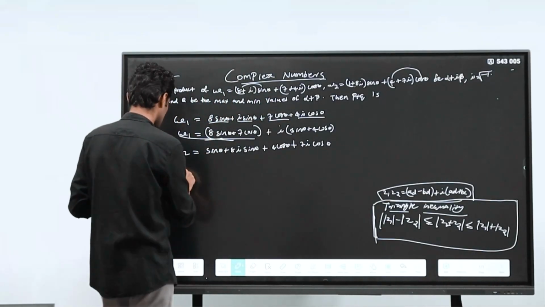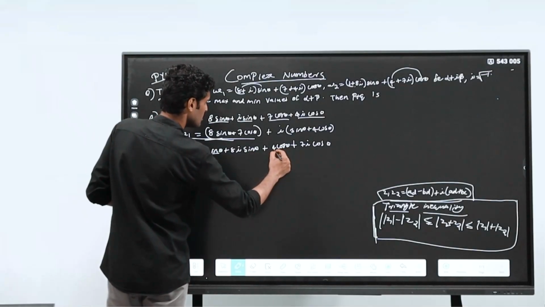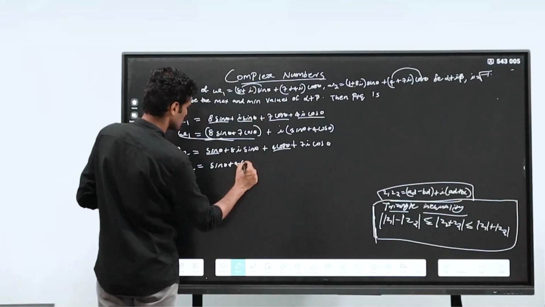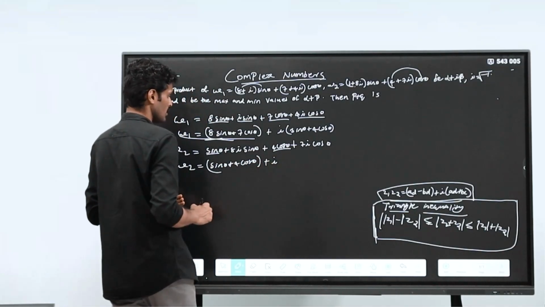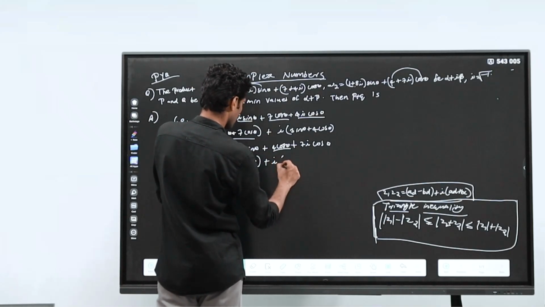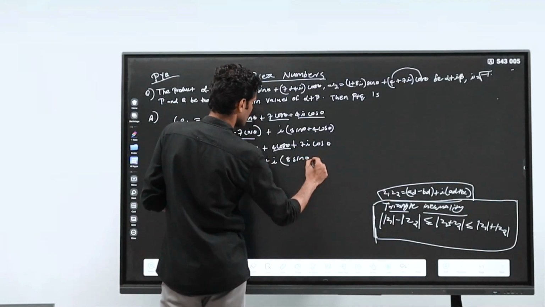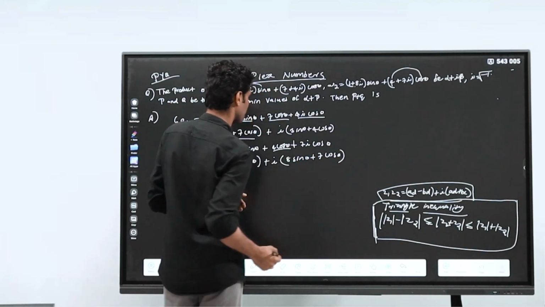So we can rearrange omega 2 as sin theta plus 4 cos theta together, plus we can take out i commonly, i into 8 sin theta plus 7 cos theta.